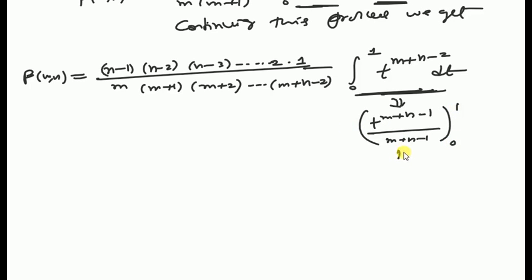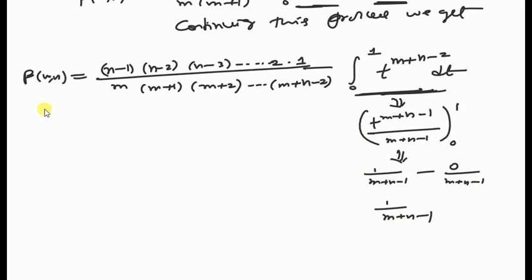If I substitute, upper limit 1 power something will be 1, so 1 by m plus n minus 1, then minus lower limit 0 power something, it will be 0. So this entire integration will be 1 by m plus n minus 1.